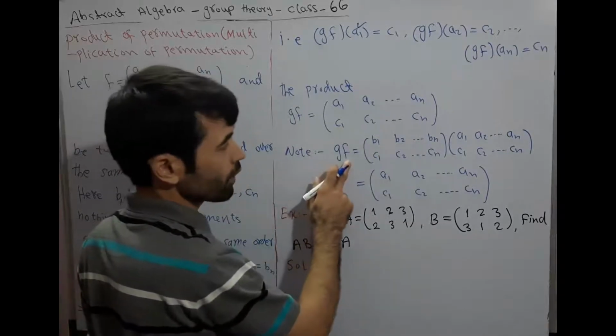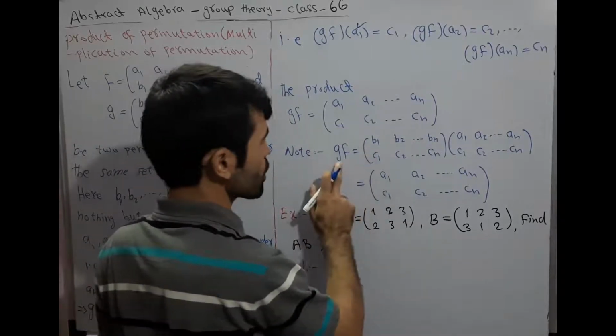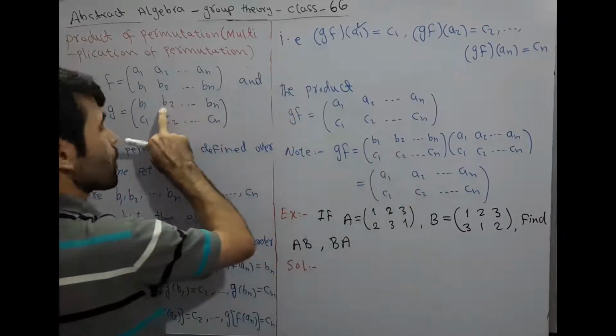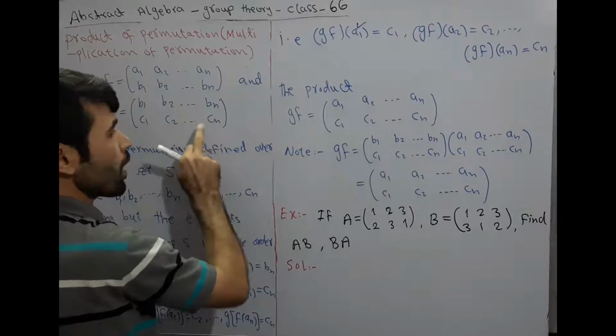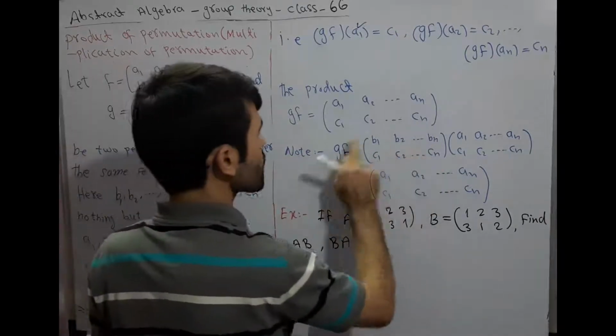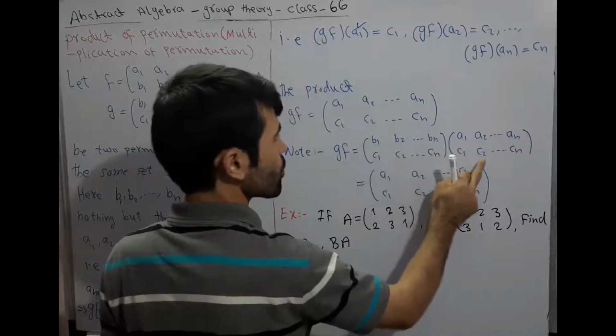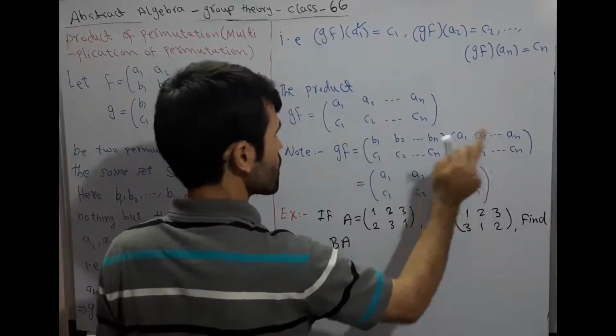Note g into f is equal to, instead of g we can write b1 c1, b2 c2, and so on, bn cn. Instead of f we can write a1 b1, a2 b2, and so on, an bn.